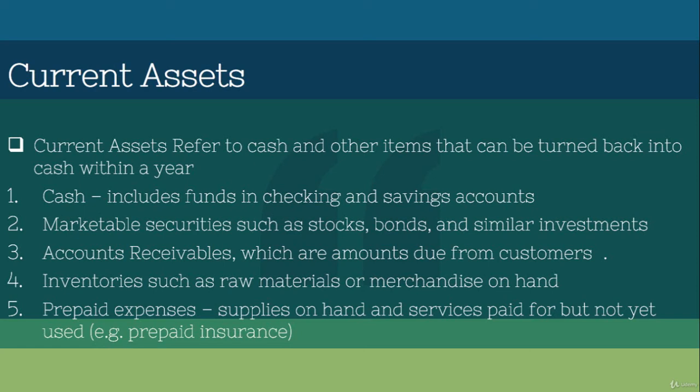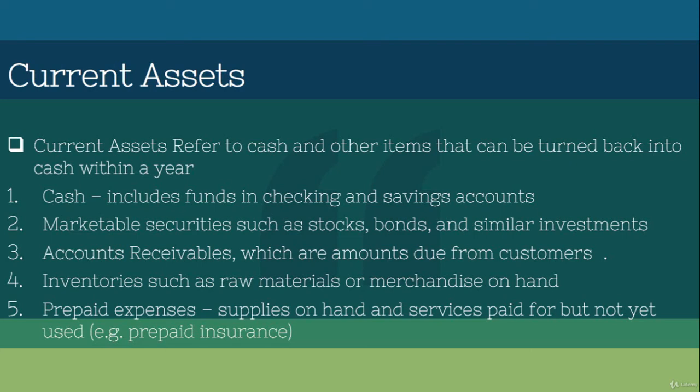If we have some financial documents or financial things, within 1 year we can get back the cash. Those are called current assets. The second one is marketable securities, stocks, bonds. Those are also current assets. Accounts receivable means debtors, we need to collect the money from the debtors, so that's also one of the current assets.